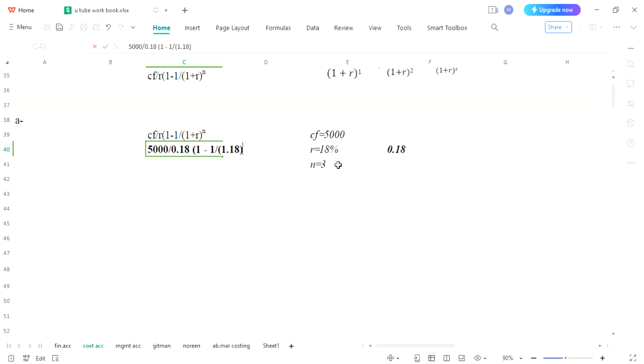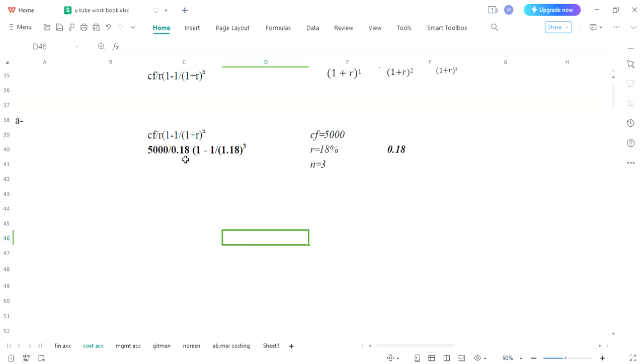N is 3. Okay, and we need to make it a power. So let's arrange it and make it visible as raised to power. Alright, so in this way our formula has been completed.